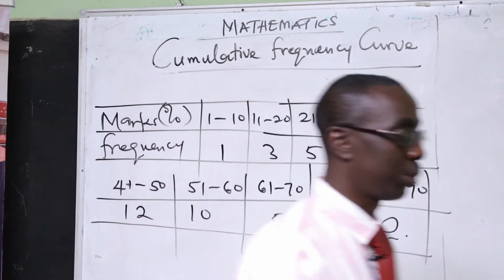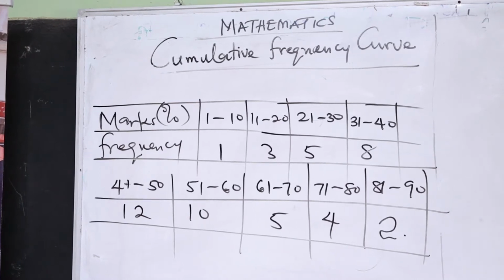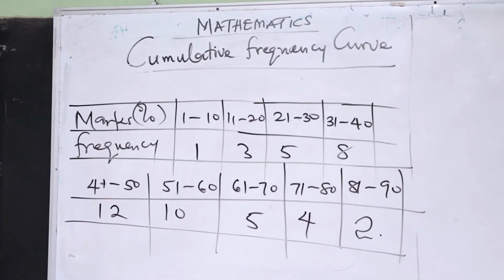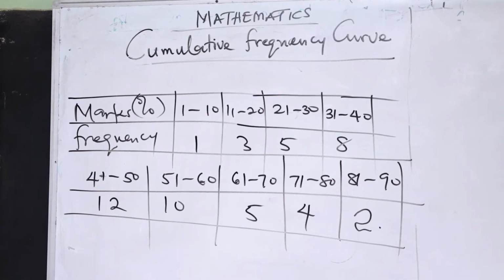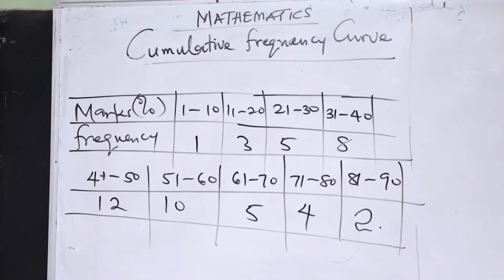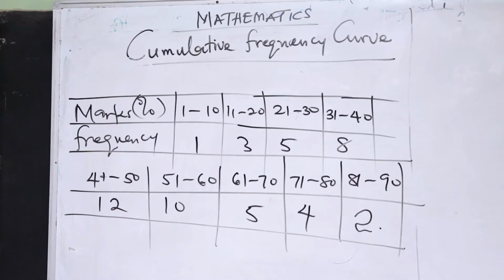Under the table, the first question says, A, construct a cumulative frequency table for the distribution above.